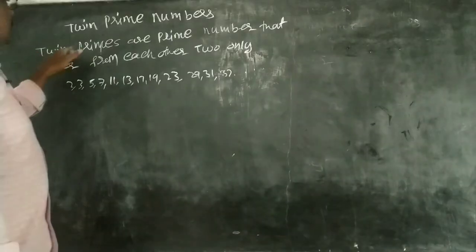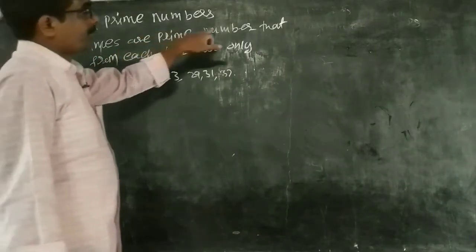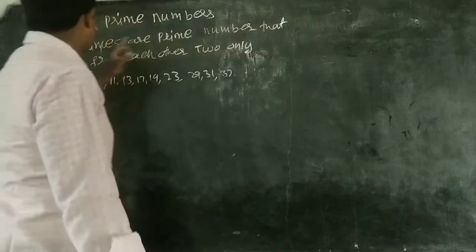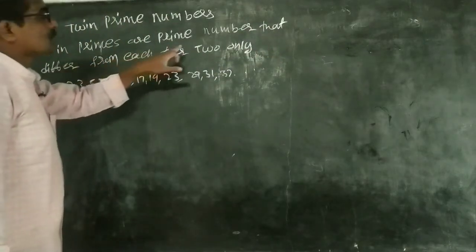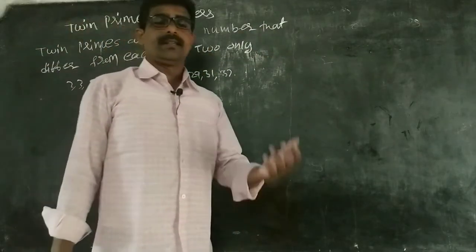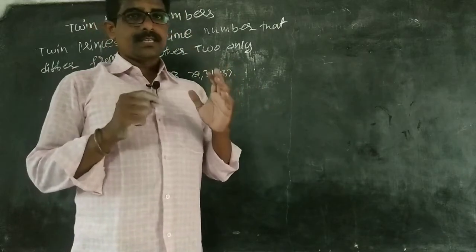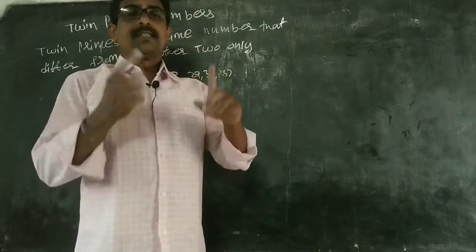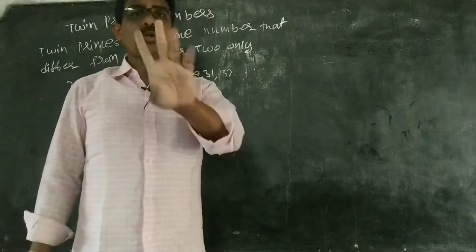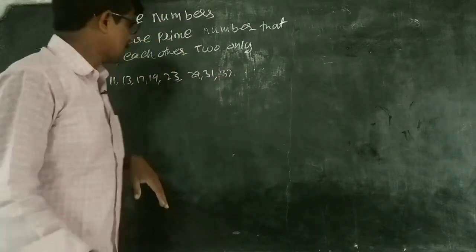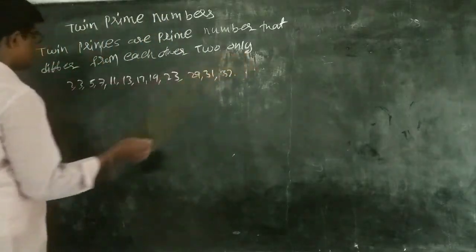Twin primes are prime numbers that differ from each other by 2 only. So twin primes means they should be prime numbers, and the difference of the 2 prime numbers should be 2 only. That is the concept. I am writing some prime numbers.